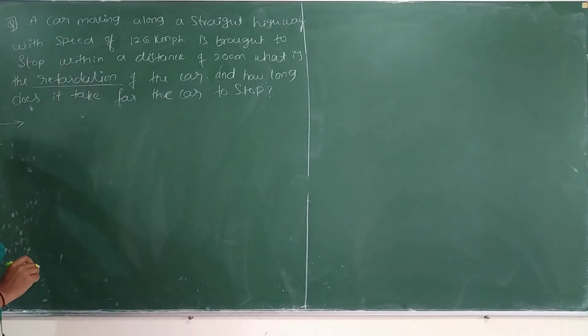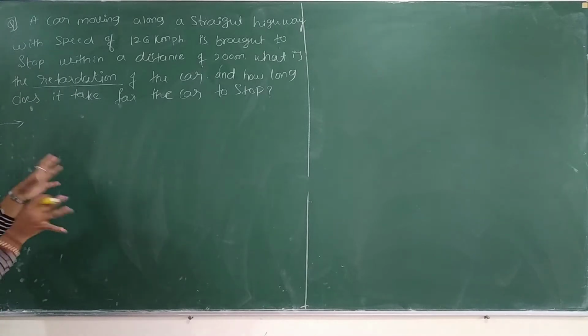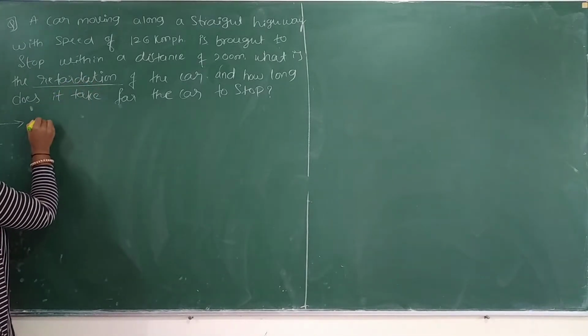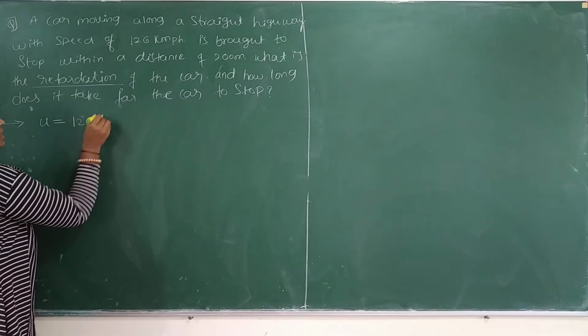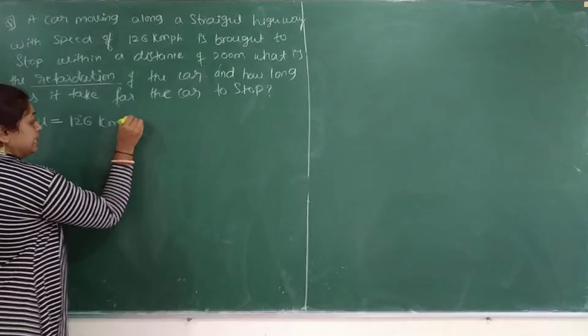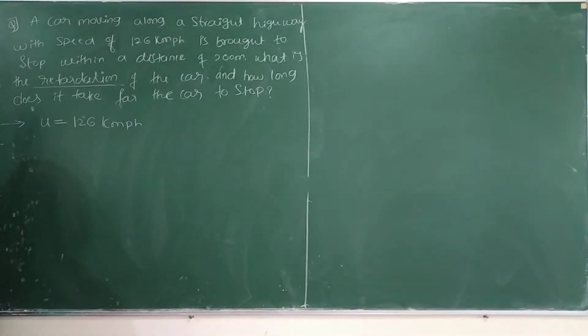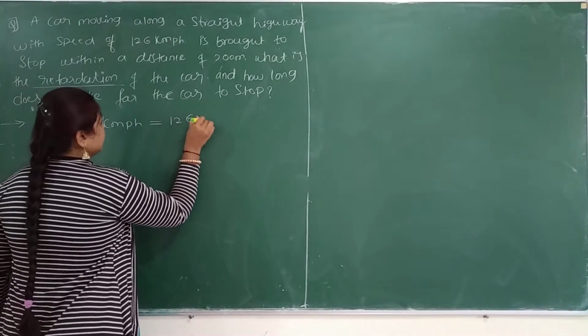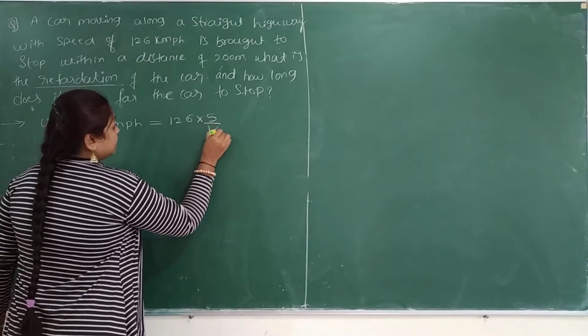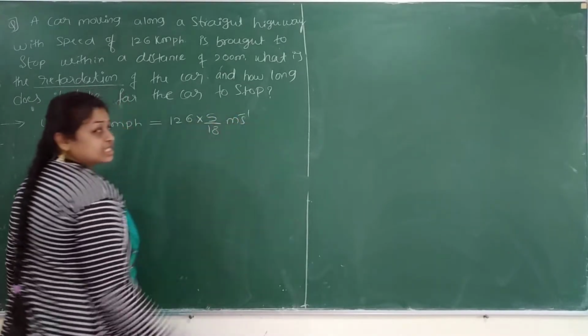So the car is moving with an initial velocity of how much? Let us take u equals 126 km/h, that is kilometer per hour. To convert to meter per second, you have to multiply by 5/18 meter per second.